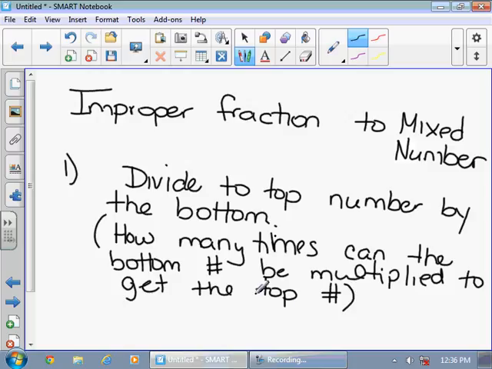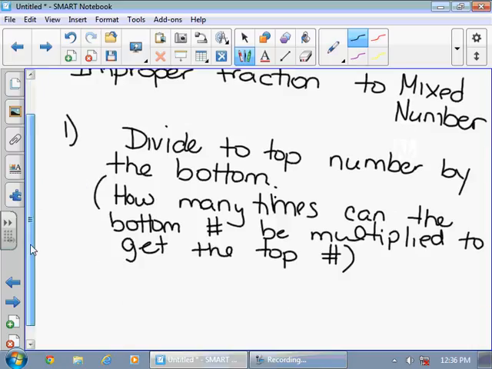And I'm abbreviating number with that number symbol. Those both mean the same thing. You're kind of looking at it from two different directions. So if you want to write one of them and not both, that's fine. If you want to write both just so you have them, that'll be fine.